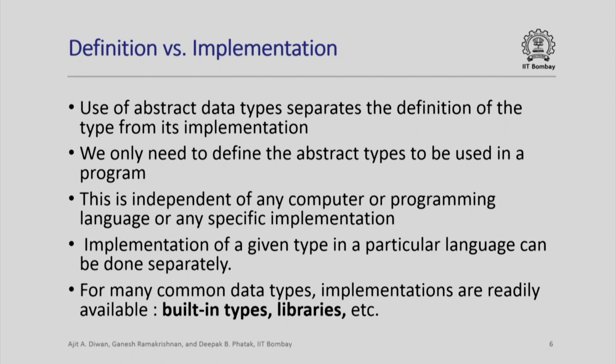So, this allows us to use the same implementation of an abstract data type in many different programs. If you implement integers once, any program that needs that abstract data type can use that implementation, and anybody using that type need not worry about the implementation at all. All they need to worry about is what abstract data type they want, and then look for an implementation of that.